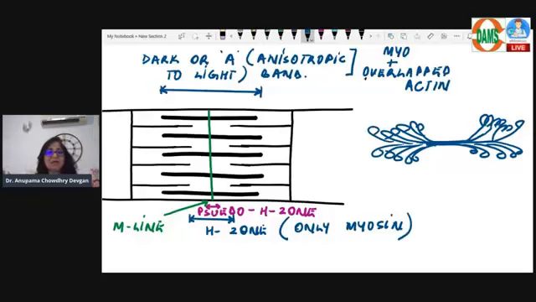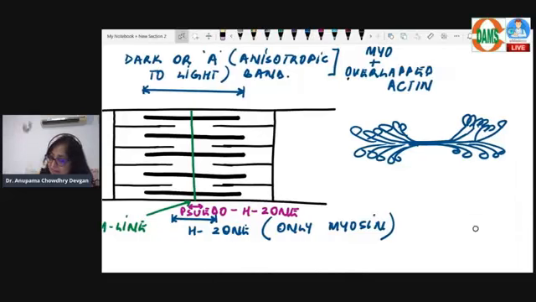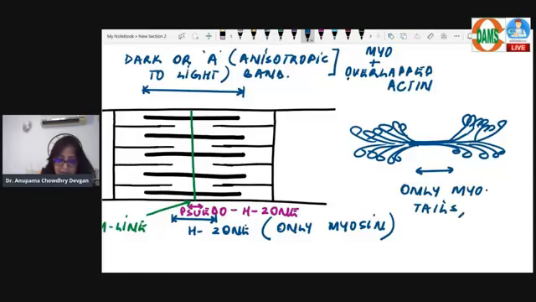But if you look at the center, there is a small area which has only myosin tails, no heads.